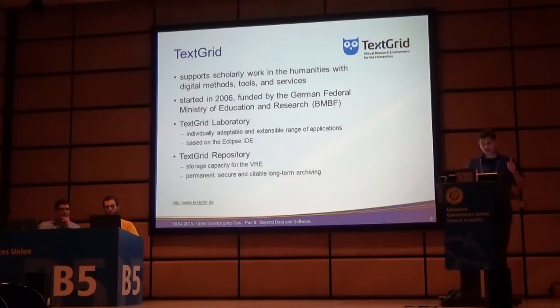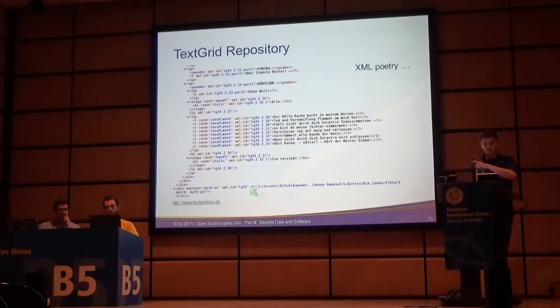Okay, coming back to open science. What you get from the open science point of view is you have this TextGrid Repository where you have humanities research data, basically text, or in this case, because we're in Vienna, I put the Magic Flute, the Zauberflöte, as a big XML file, or poems, or basically text files, which you can then use to do your humanities studies, or maybe you want to do something else with it.